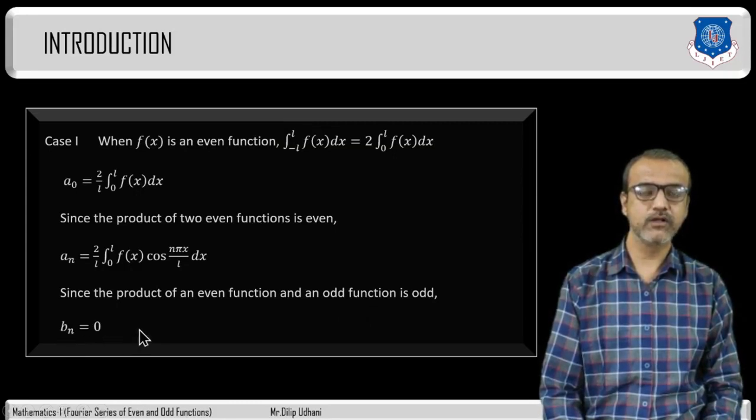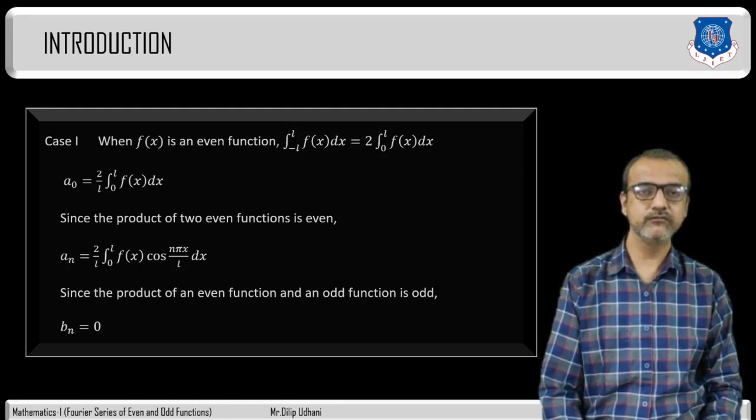Why is it 0? Because bn = 1/L integration from -L to L of f(x) sin(n pi x/L) dx. And here we are considering that f(x) is an even function and sin is an odd function, right? So the product of an even function and an odd function is an odd function.